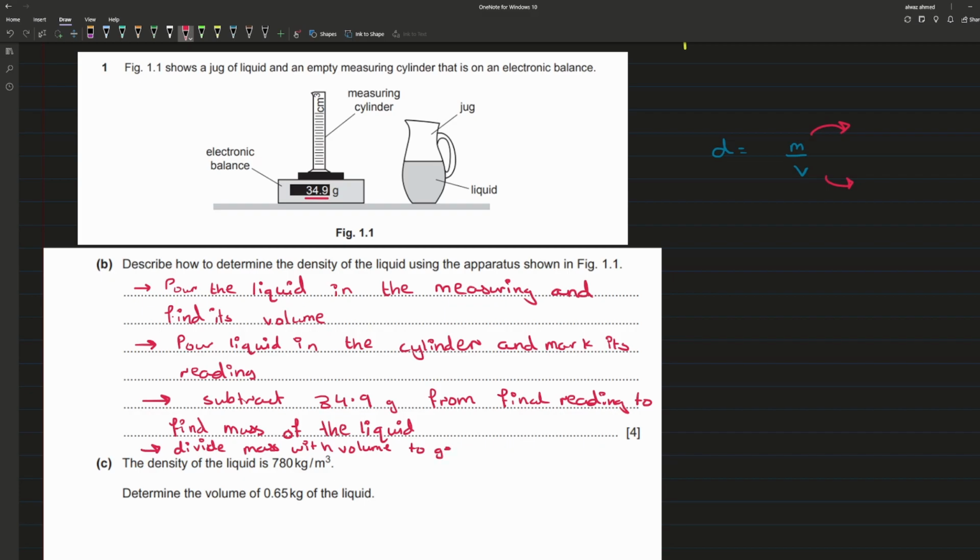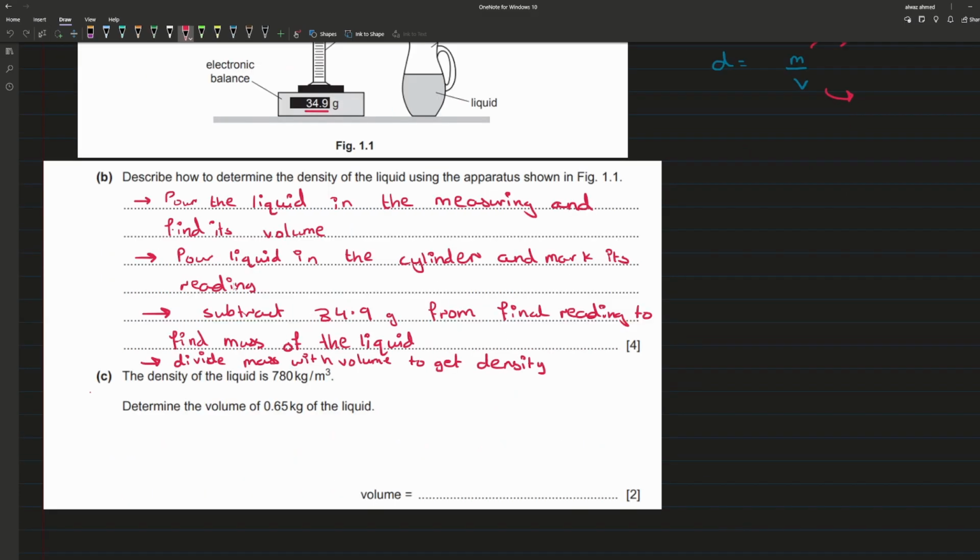Okay, moving on to the C part, we have that the density of the liquid is 780 kilograms per meter cube. Determine the volume of 0.65 kg of this liquid. Okay, so we know that density is equal to mass over volume. We have density and mass, we need to find volume.